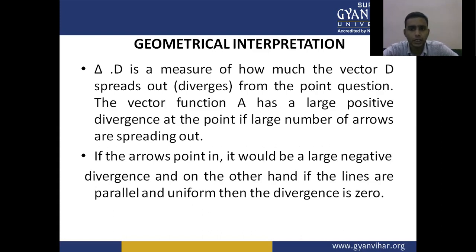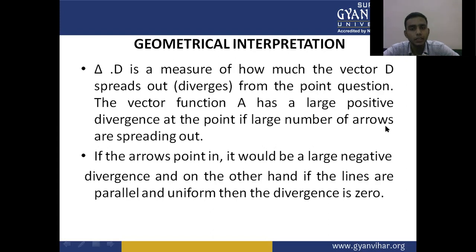Now we have the geometrical interpretation of the divergence. The del dot D is a measure of how much the vector D spreads out.